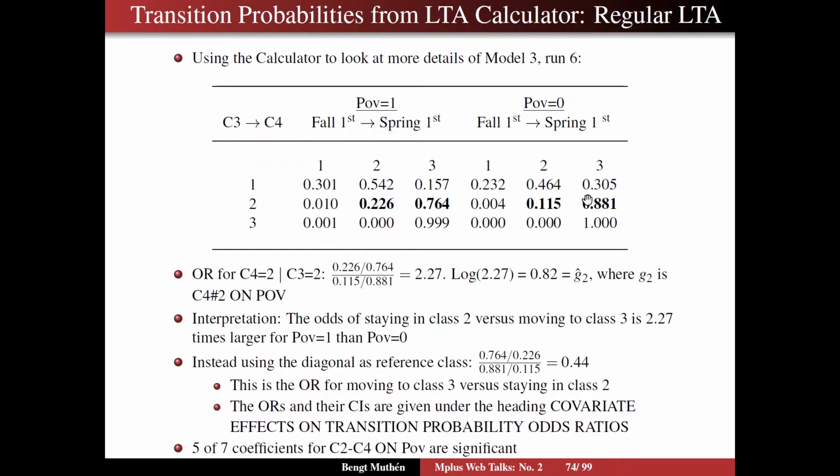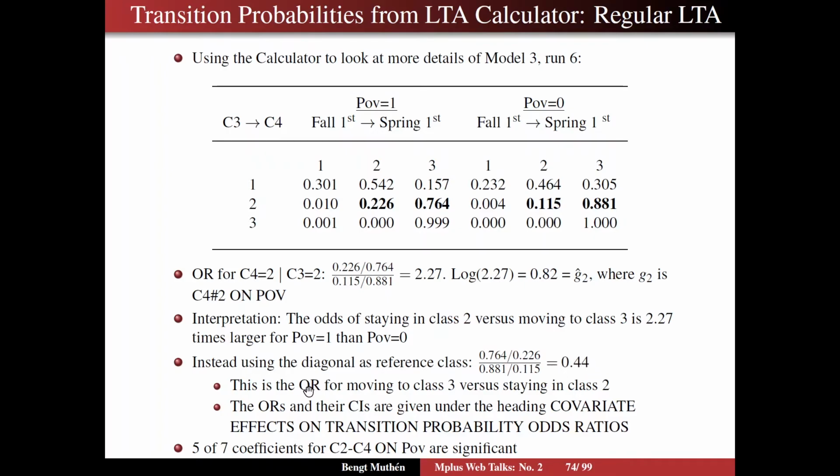Now this is comparing to the last class, whereas Mplus instead also adds the output using the diagonal class as a reference class. So then you divide these numbers a little bit differently. You take 0.764 divided by 0.226 instead of the other way around, and 0.881 divided by 0.115, and you get 0.44.